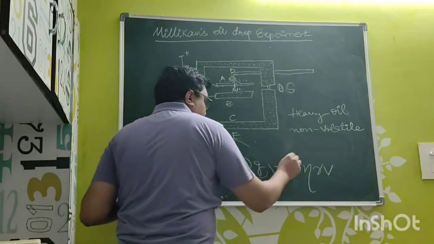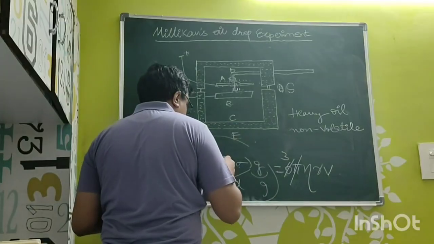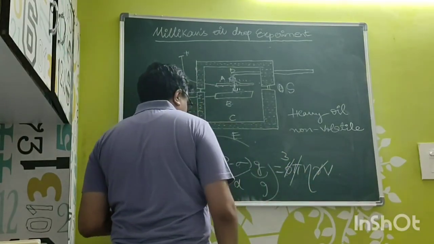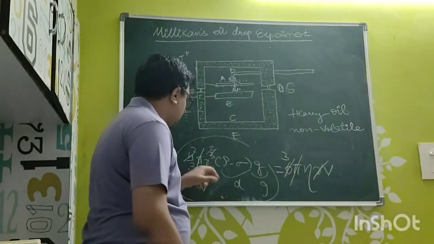Now π cancels, the 3s and the 2s cancel, r cancels.